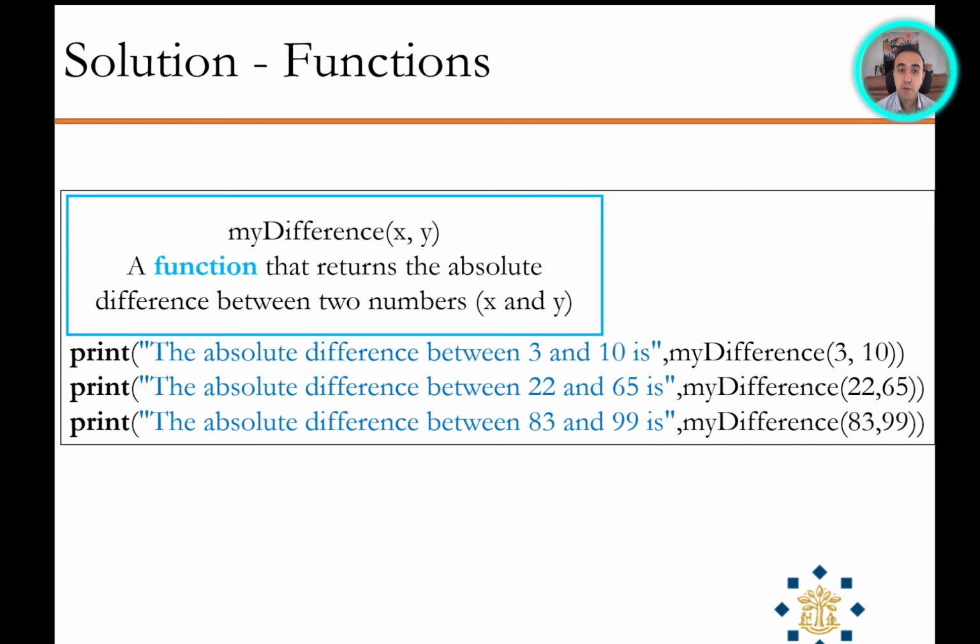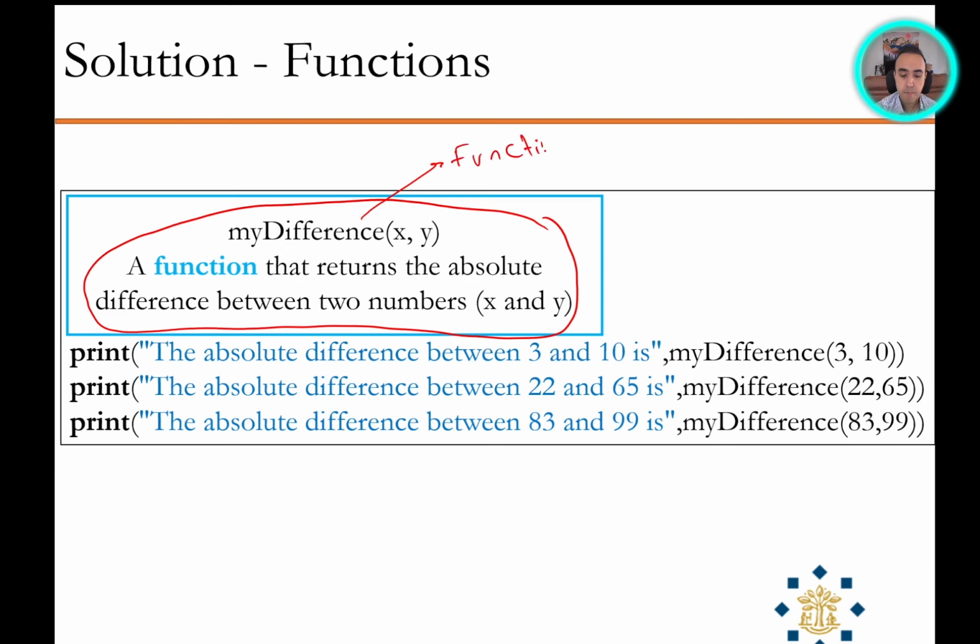That's what we call a function. So let's say that inside this blue box, we have a function. Here is our blue box, and here is the function. The function name is my difference, and the function inputs are x and y.